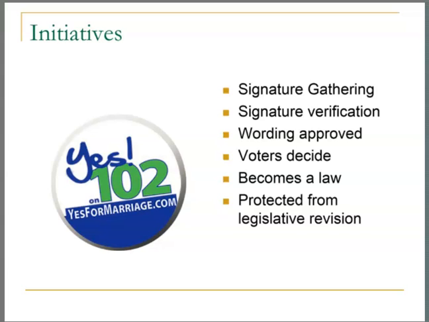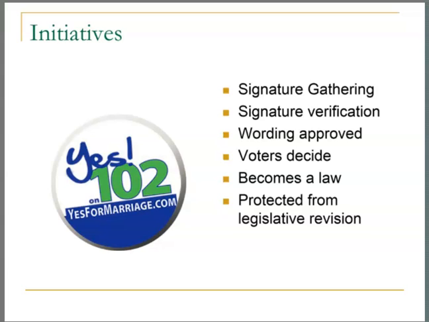The way the initiative process works is an interest group or a group of citizens decide there ought to be a law, and so they will write down the wording of the law that they want enacted. They then, rather than give that to a legislator to try to get it passed through the legislature, instead go to the Secretary of State and get certified as an initiative.